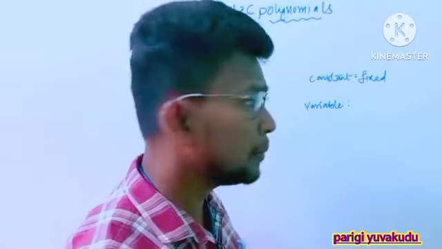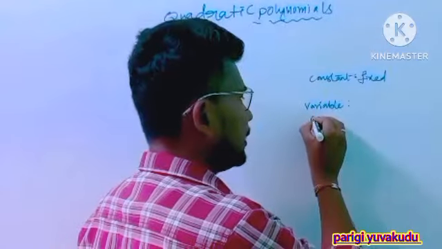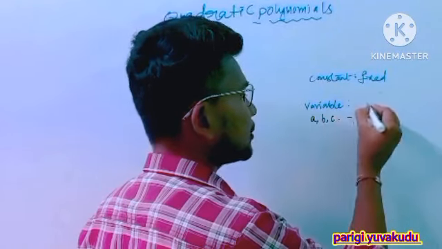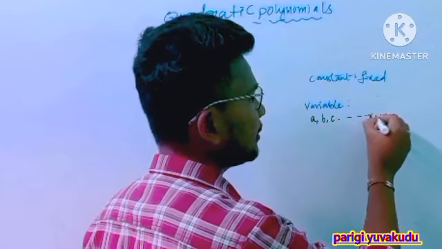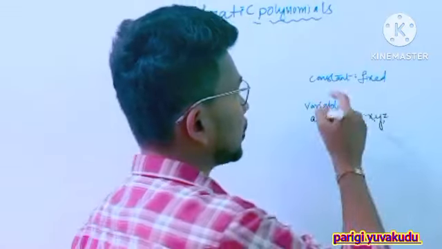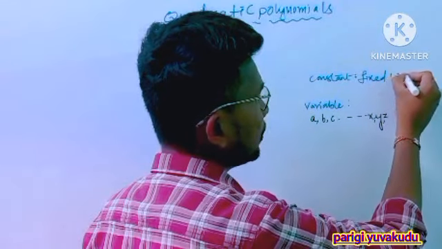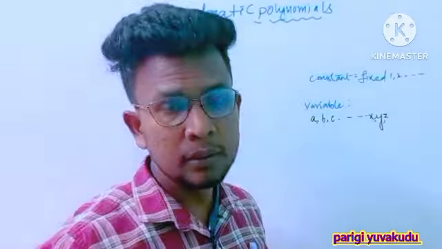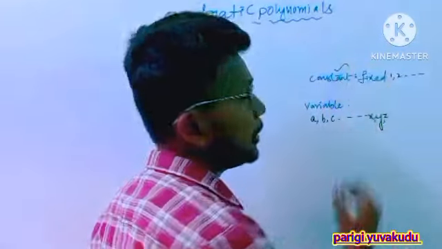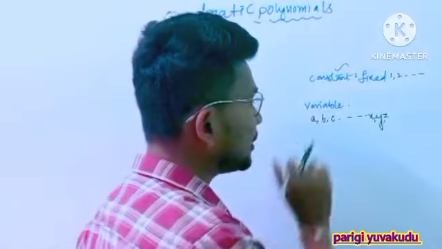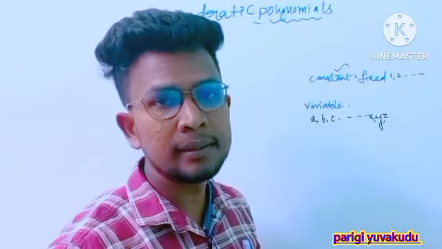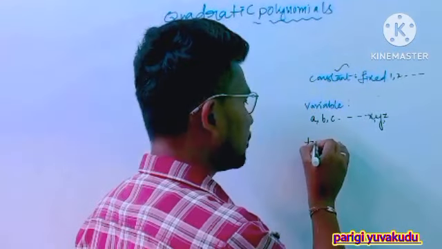Examples: a, b, c and so on, x, y, z. Now constants: 1, 2 and so on. Constants are nothing but numericals, numbers. Variables are nothing but alphabeticals.